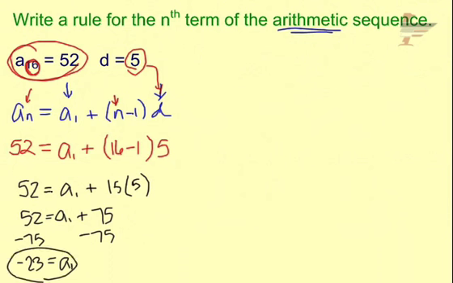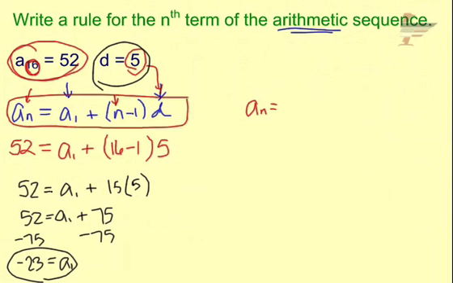Now we have the two things we need. We know the first term and we know the difference, so we can go ahead and write the rule. So the rule a sub n equals, we're going to follow just this format every time. The first term, which is a negative 23, plus, because we're ready to write the rule, this is where we do leave the n in here, n minus 1 times our difference, which is a 5.